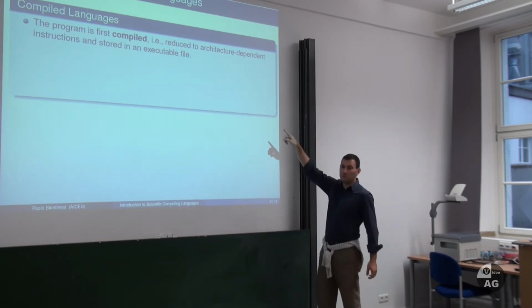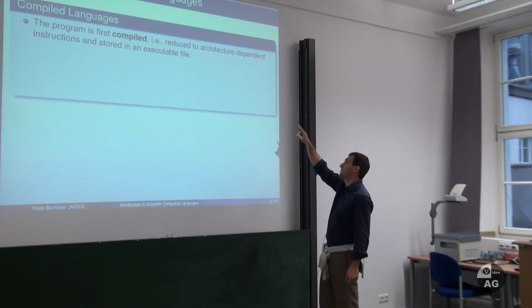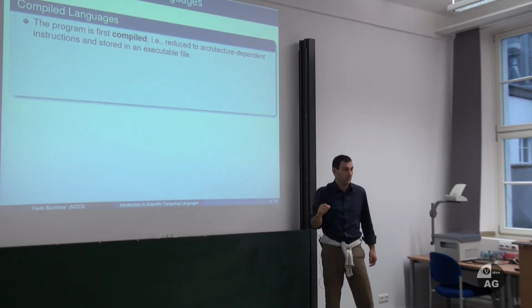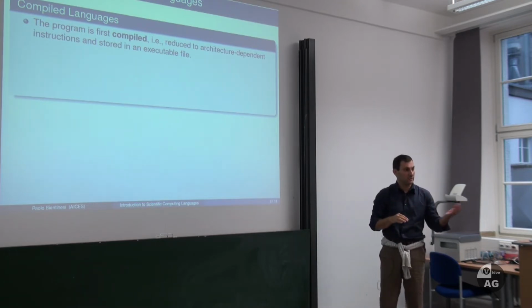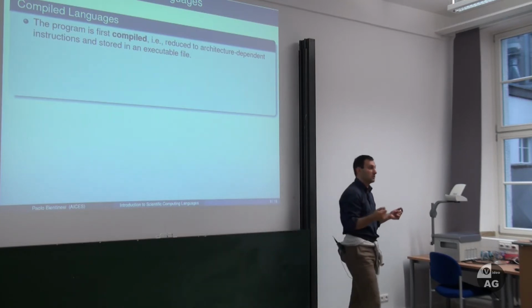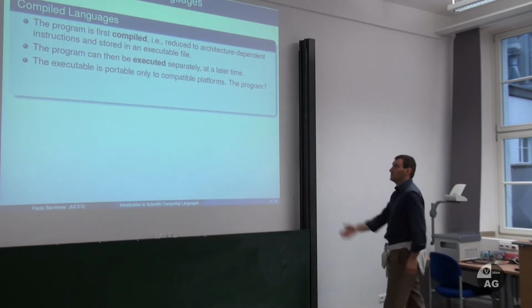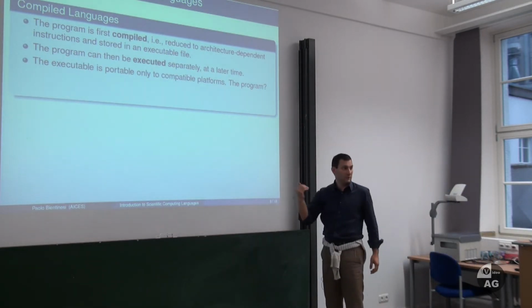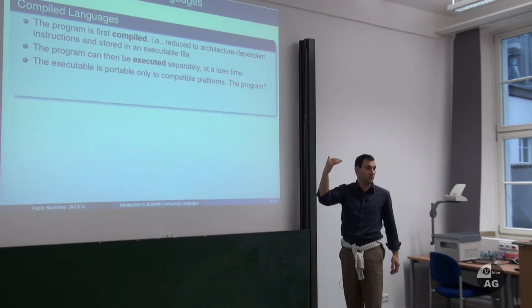It's important to see that this executable file contains architecture-dependent instructions. This means that if you compile on a processor and then you compile on a different processor, you get two different executable files. This is important. Once you have the executable file, you can execute it without even looking at the original program.